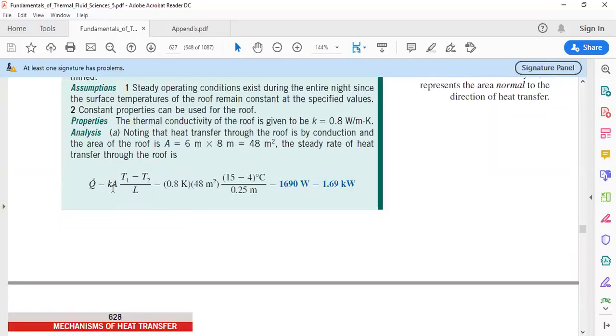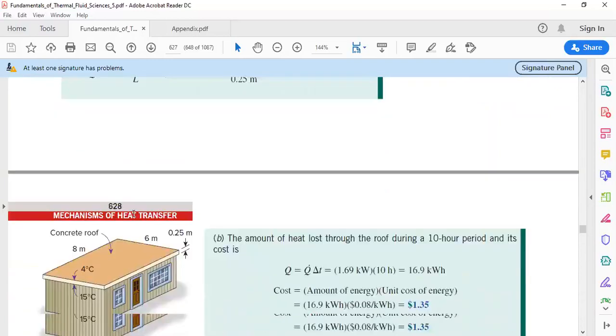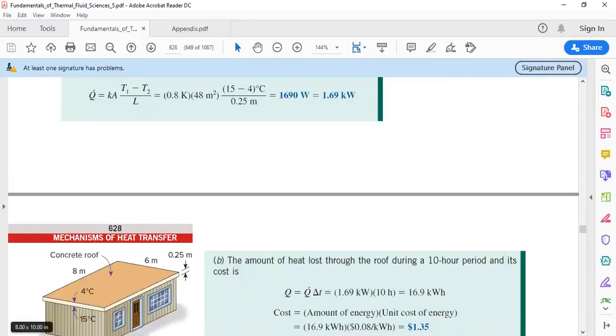So it's simply kA times T1 minus T2, where T1 represents the temperature inside the house, T2 at the top surface of the roof from the outside, and plug in the values. The L is the thickness, since that's the direction of the heat transfer.